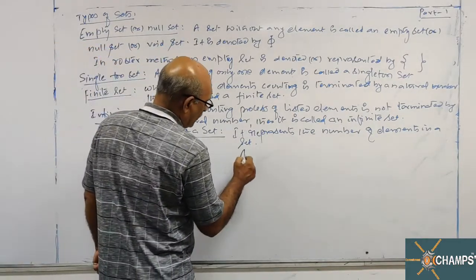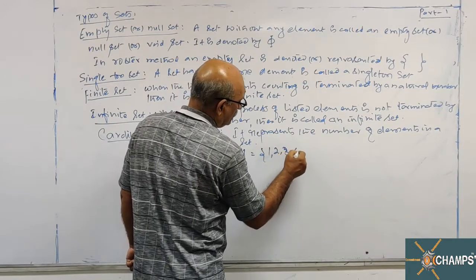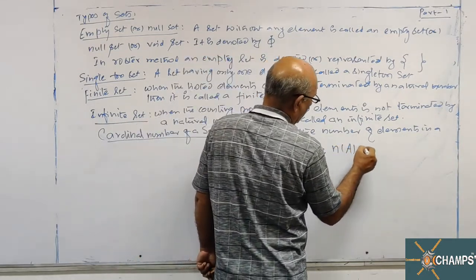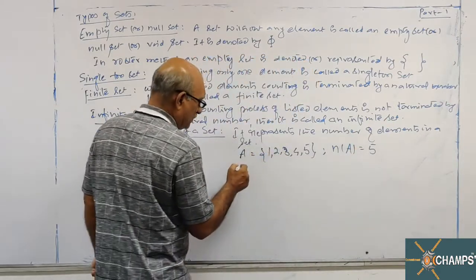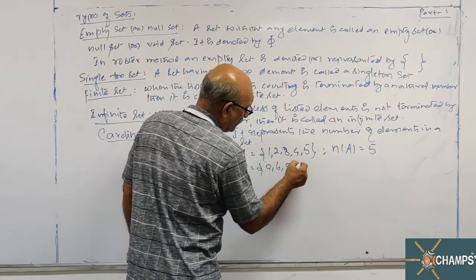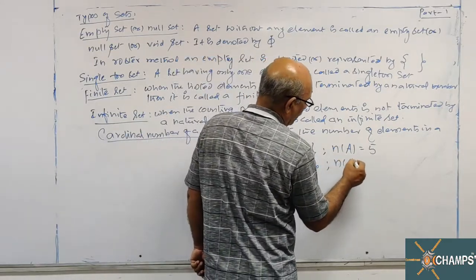Look at this. Suppose a set is having 5 elements. Then its cardinal number is denoted by n(A) = 5. One more example, set A is having 5 alphabets. Then n(A) = 5.